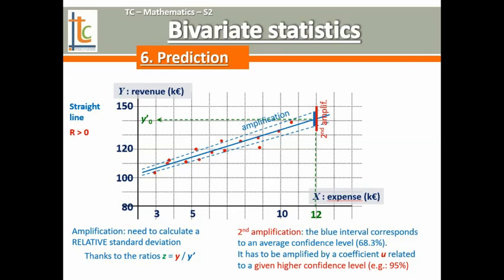Another commonly used confidence level, 99%, corresponds to a confidence coefficient u of 2.58, and so on. So for a 95% confidence level, with a 1.96 coefficient, you have to amplify the blue interval by a factor of almost 2 to create the red interval.